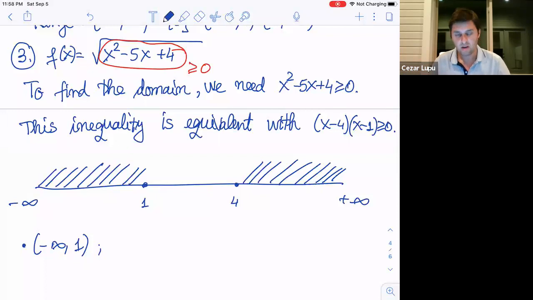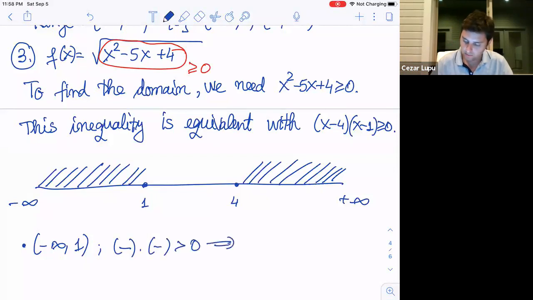Between negative infinity and 1, you can just plug in values for that. So both of them are negative, right? We have negative times negative, which will be positive. So the inequality holds.